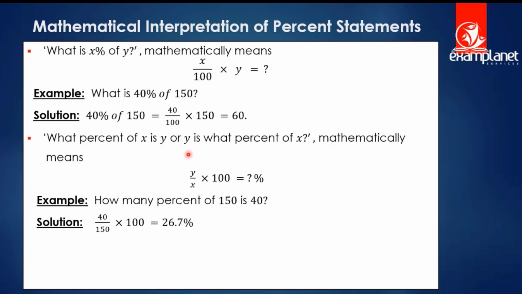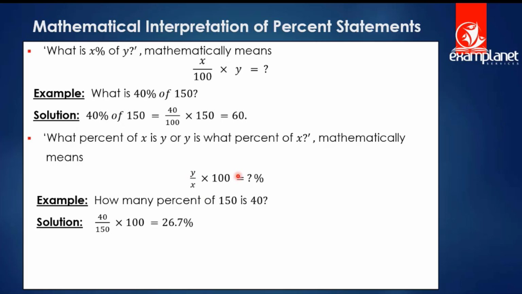Mathematically, you're looking at Y as a percent of X. So that will be Y over X, not X over 100. You're not doing X percent. You're saying, what percent of X is Y? So that's Y over X times 100. That is how you can express that mathematically.